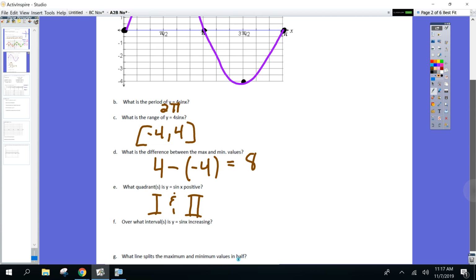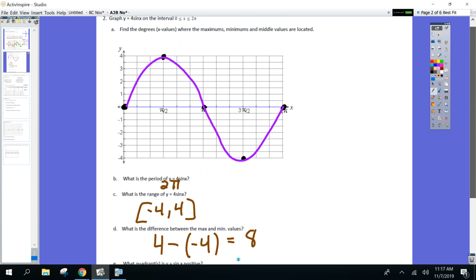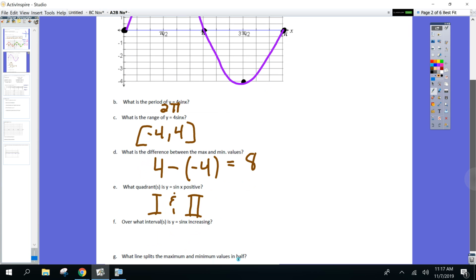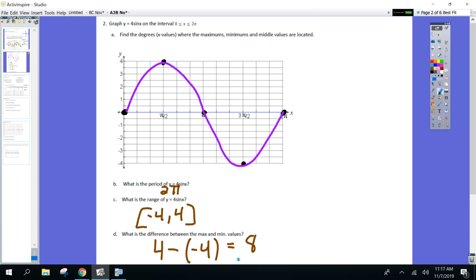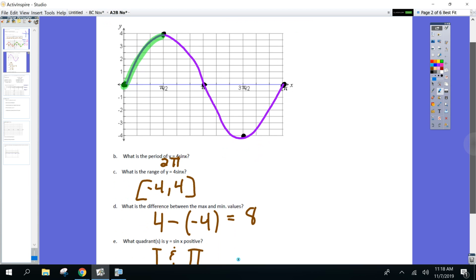Okay, where is this graph increasing? Over what intervals is it increasing? Let me get the highlighter out. Everyone agrees it's increasing right there. What's that interval on the x-axis? From 0 to, not 4.